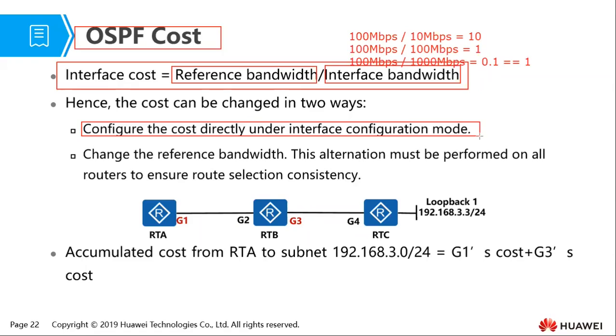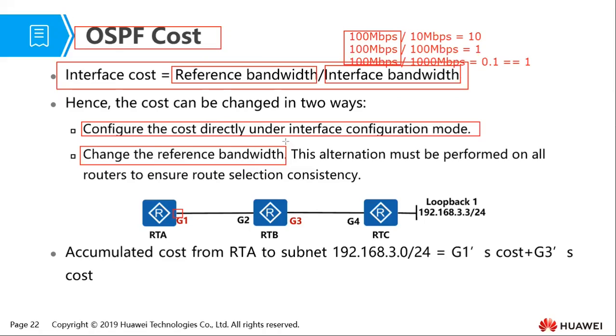So that is on the interface mode. So for example, you go to this interface G1 and you use that command. So the cost for that will be 20 if you do that. Then you can also change the reference bandwidth, which is just what I talked about here, that you don't want to use the default reference bandwidth because it's not accurate.